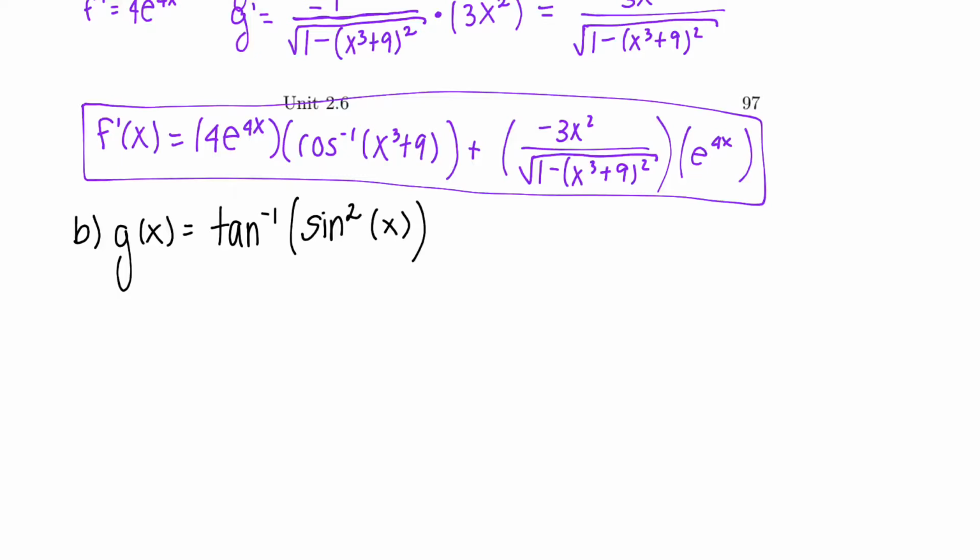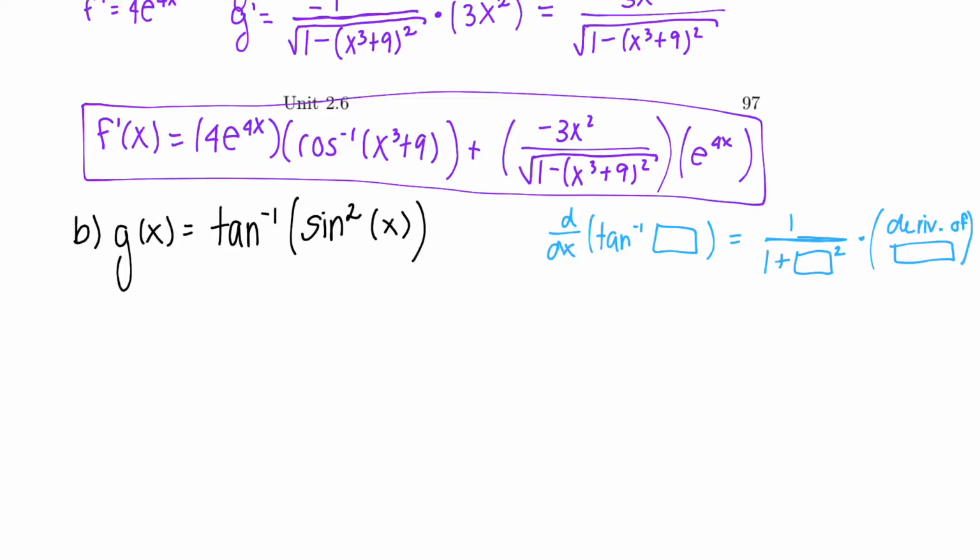This next one, we're going to have to be a little bit careful. As a reminder, for tan inverse, if you have tan inverse of stuff, this derivative is going to be 1 over 1 plus all that stuff squared times the derivative of the inside stuff. The weird part here is that this inside stuff is sine squared x, right? Sine squared x is fine. We'll just leave it like that for there.